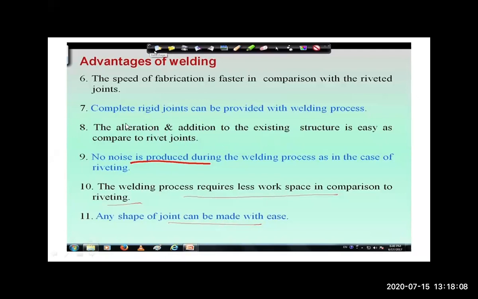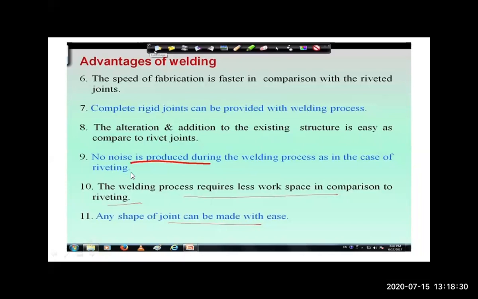As compared to riveted, welded is better. So in point number 8 they have written that alteration and addition to the existing structure is easy as compared to rivet only, not bolted.